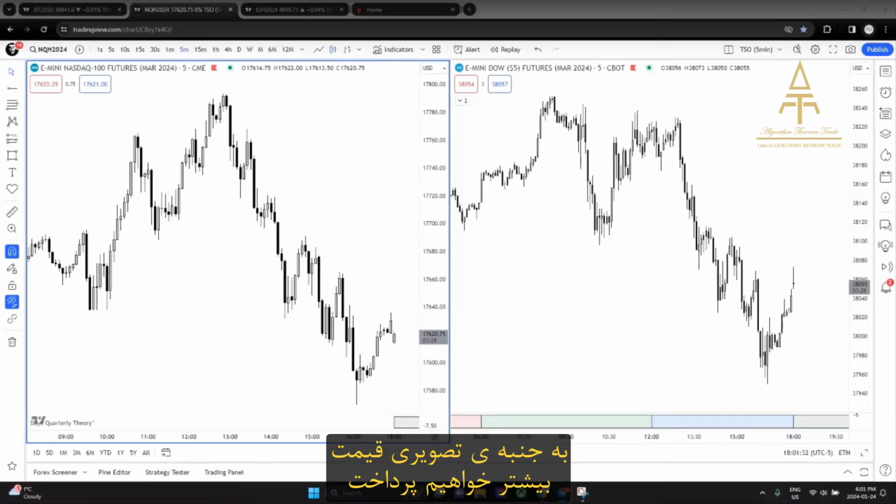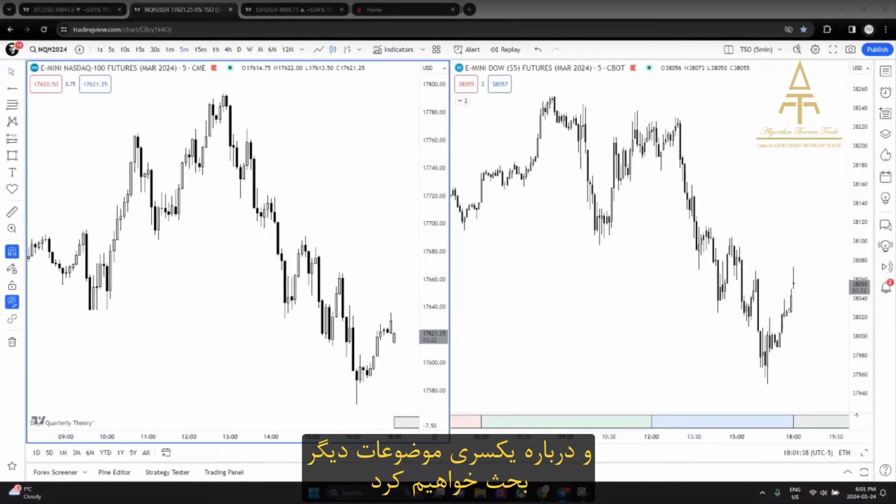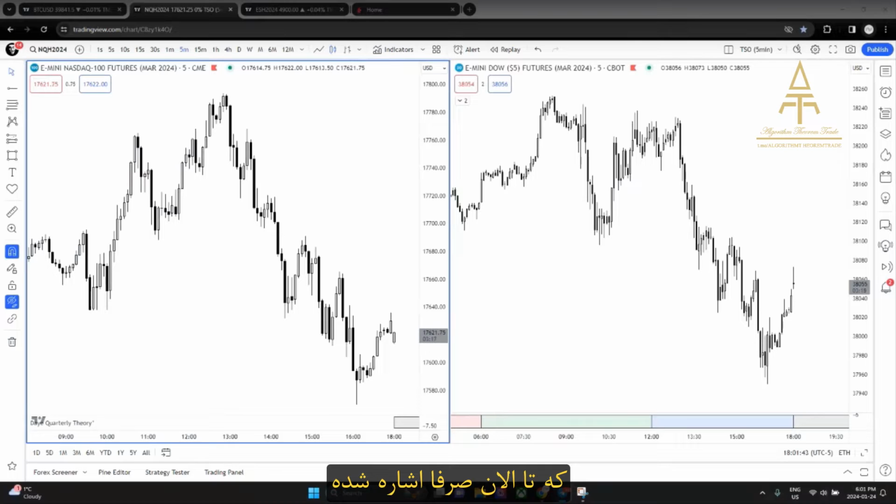We'll be going into the more visual aspects of price, and touching on a few topics which I've talked about before but have not gone into great detail. I believe this will enhance your perception when anticipating price swings and market reversals.